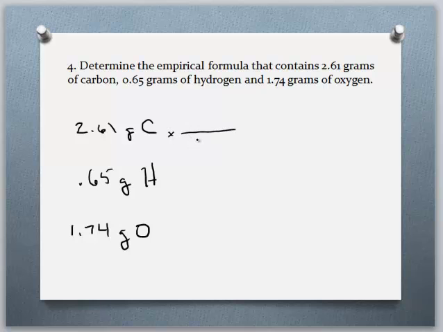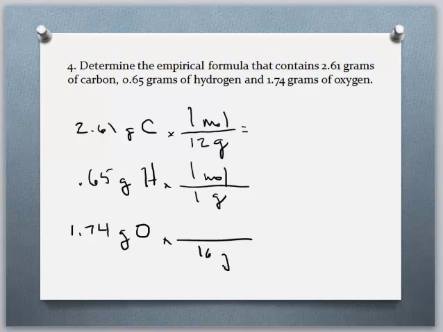We'll go 12 grams per mole, because we're going to convert these to moles. Hydrogen is 1 gram per mole, and oxygen is 16 grams per mole. Let's do the math. 2.61 divided by 12 gives us 0.2175.